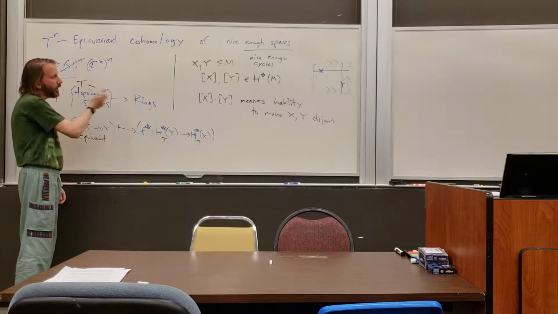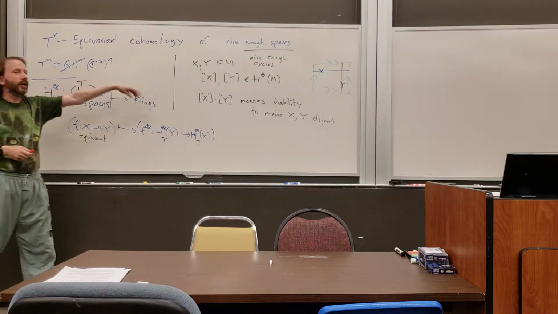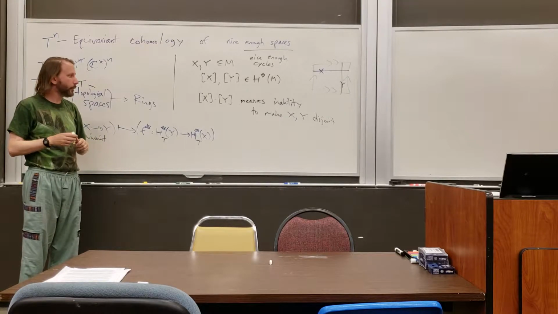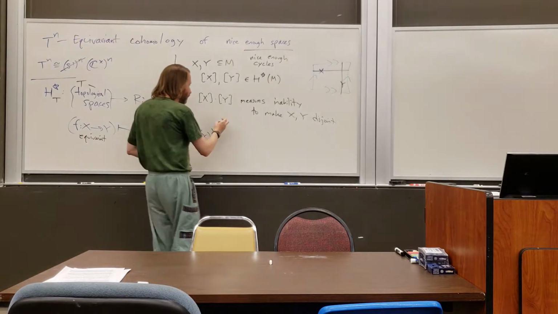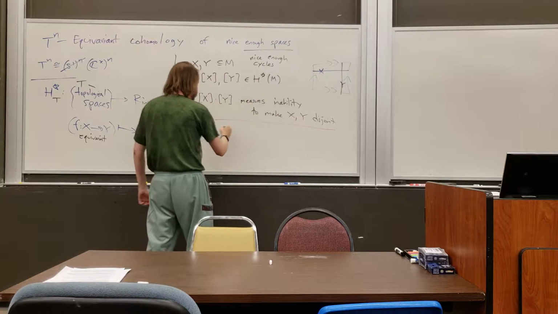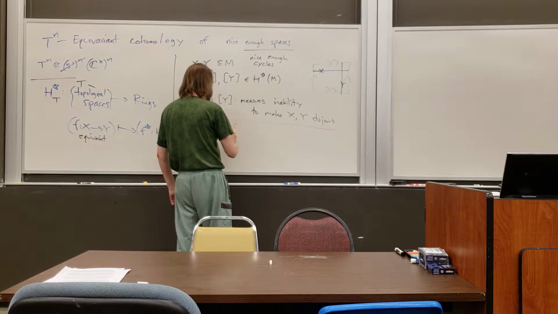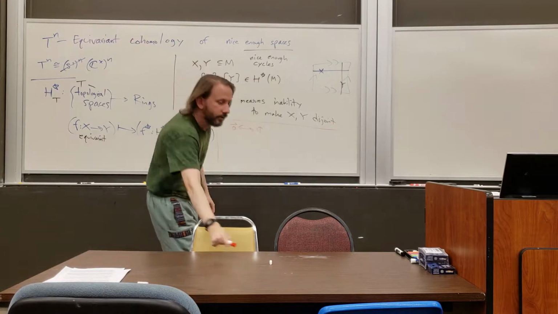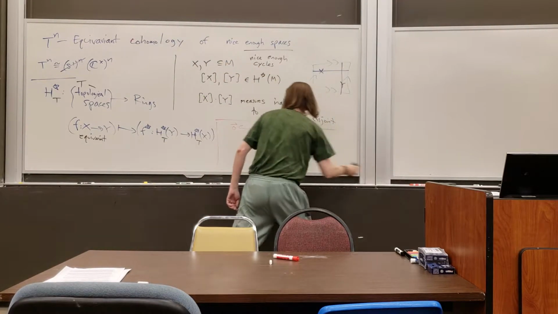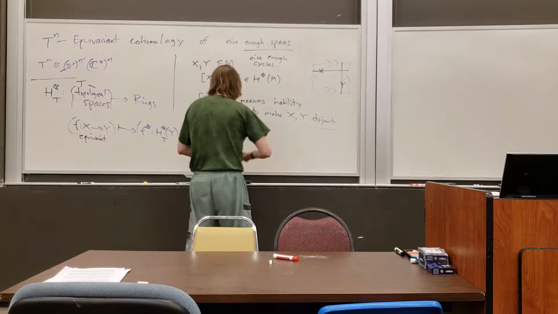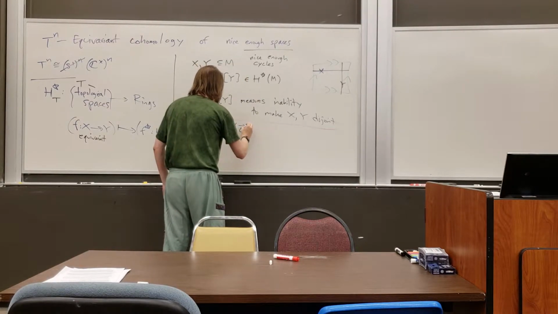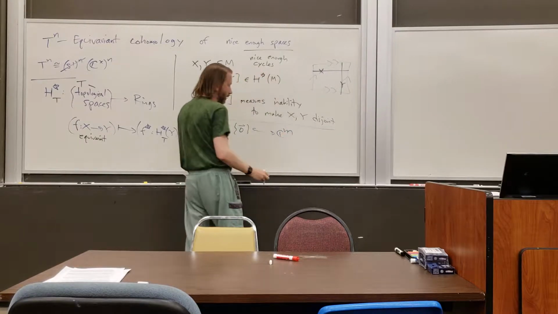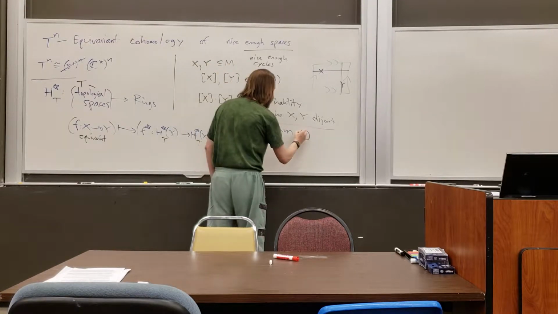So I want a T-equivariant version of this idea that I'm measuring the inability to make two things disjoint. So in particular, let's take the origin living inside C^m, some representation of my torus.